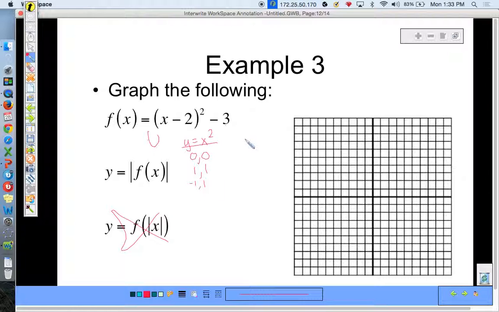It moved to the right 2 and down 3. So it becomes 2, negative 3, right 2, 3, negative 2, to the right 2, 1, down 3, negative 2. So we got 2, negative 3, 3, negative 2, and 1, negative 2.